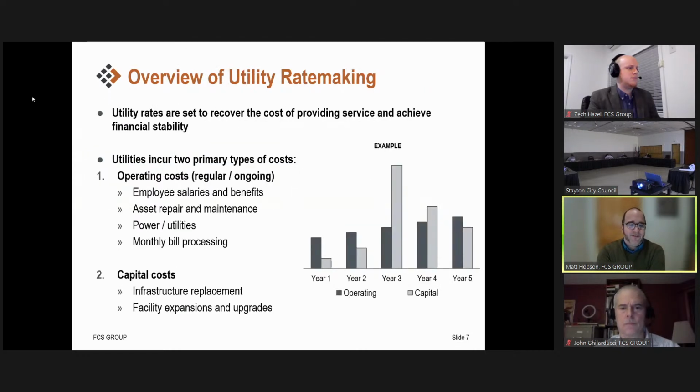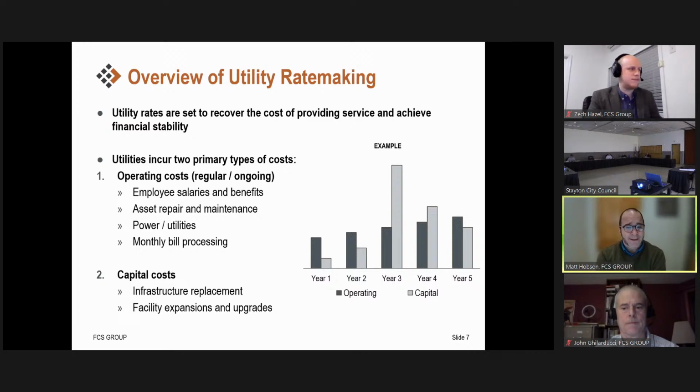As I mentioned a few minutes ago, when we look at rate making, we're primarily concerned with two types of costs. The first are those ongoing recurring operating costs, including staff salaries and benefits, materials, contracts that we may have for those services, and then customer billing and questions.